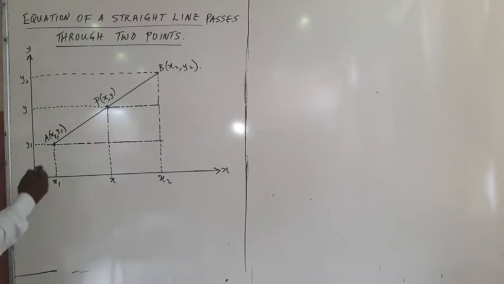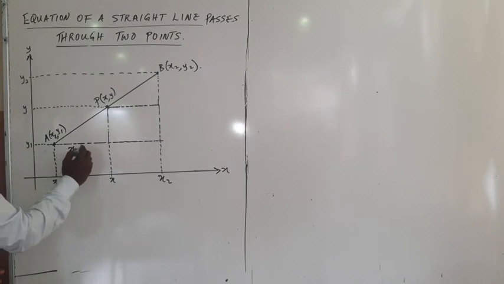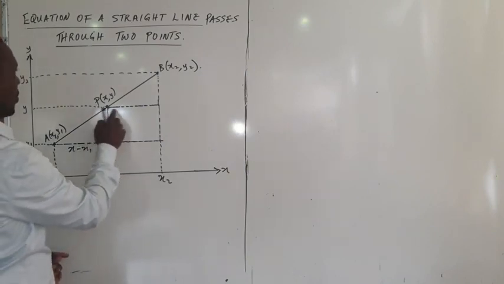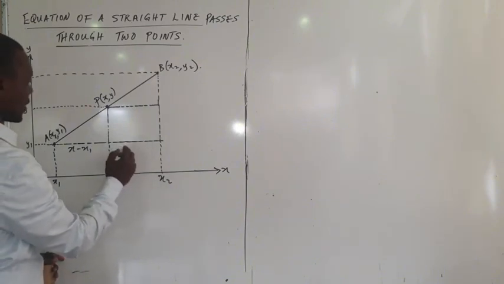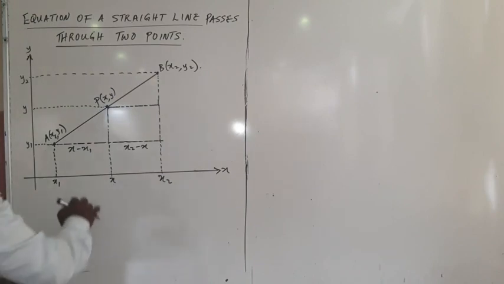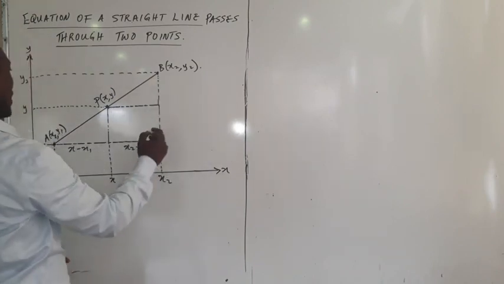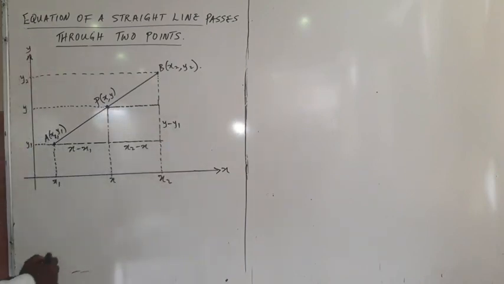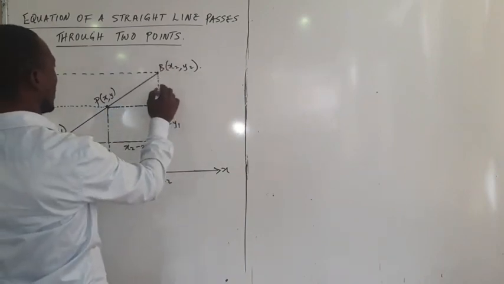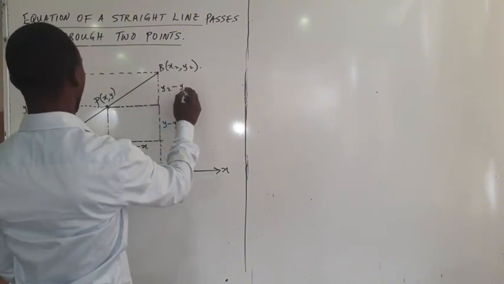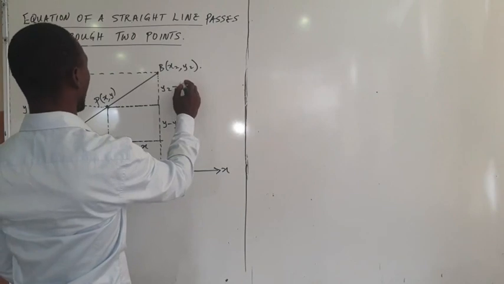Then the difference between A and P along the horizontal axis is x minus x1. Then between P and B along the horizontal axis is x2 minus x. Then distance AP along the vertical axis is y minus y1. Then distance PB along the vertical axis is y2 minus y.